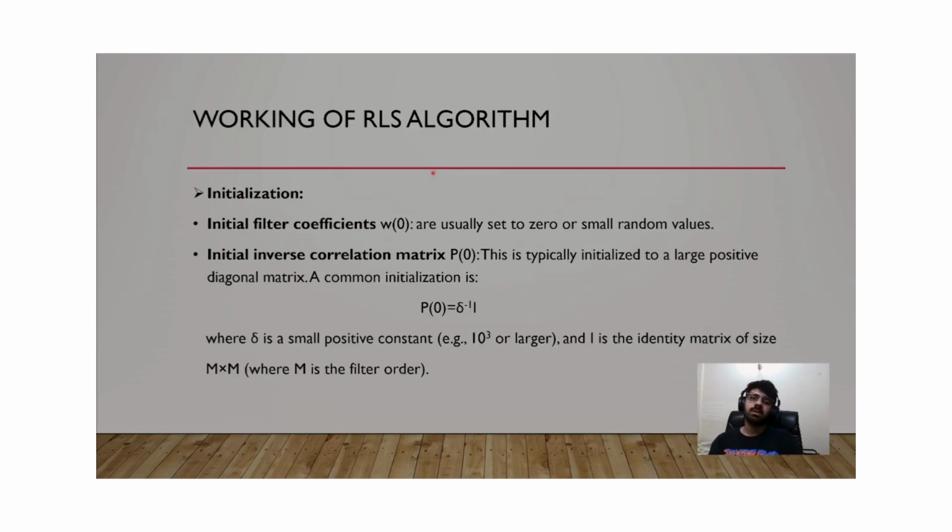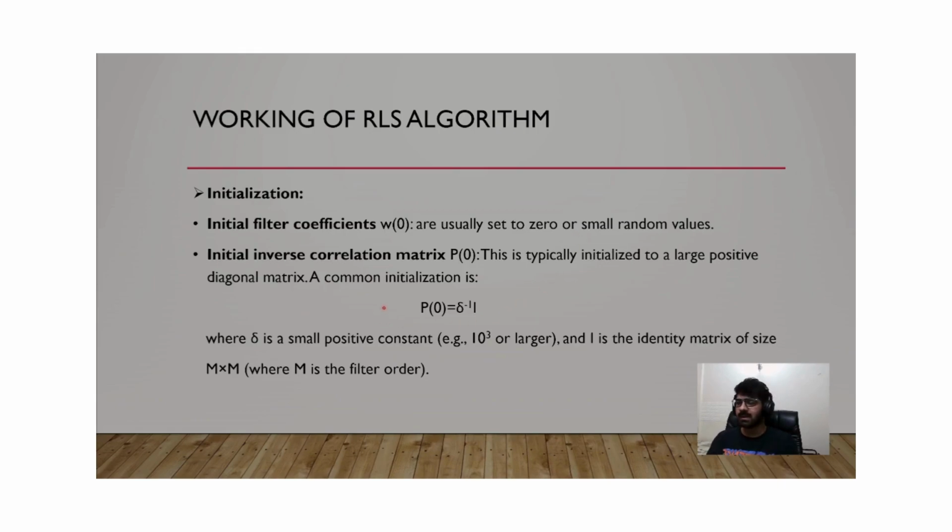Now let's talk about the working of the RLS algorithm. First, we initialize it with our filter coefficients omega 0, usually set to 0 or some small random values. Then our initial inverse correlation matrix is typically initialized to a large positive diagonal matrix.